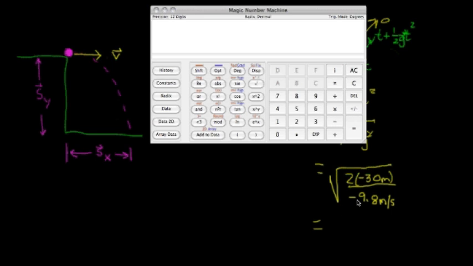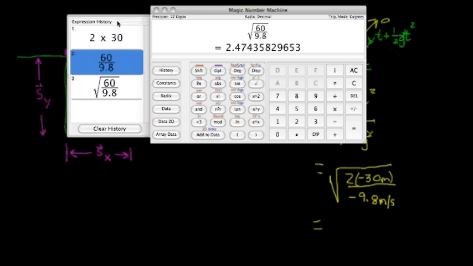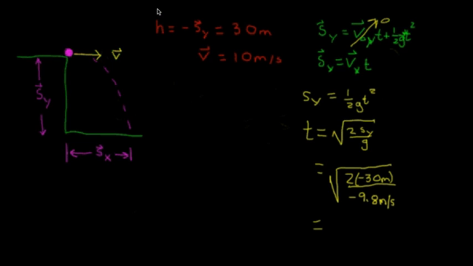A negative divided by a negative is a positive, so we have 2 times 30, which is 60, divided by 9.8. Then I take the square root of that number, and we get about 2.5 seconds. So let's just go with 2.5 seconds.